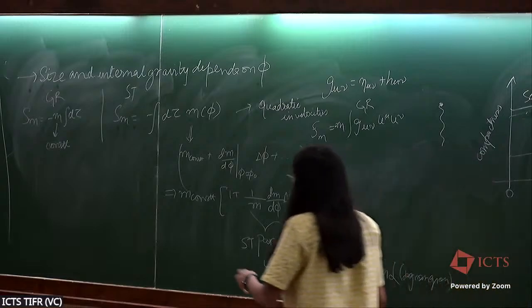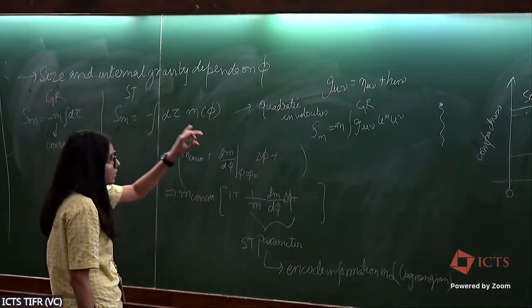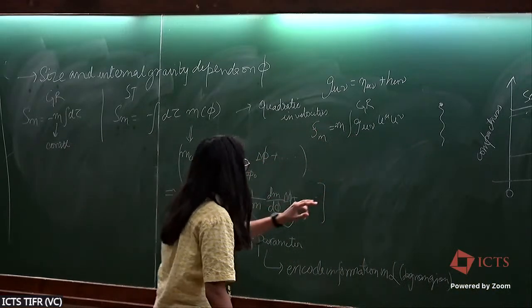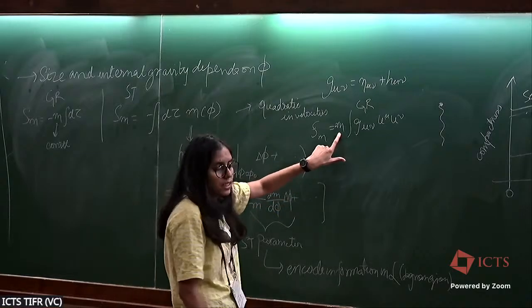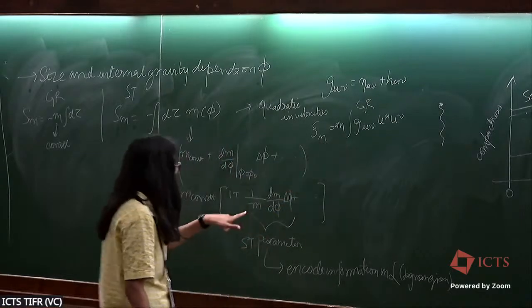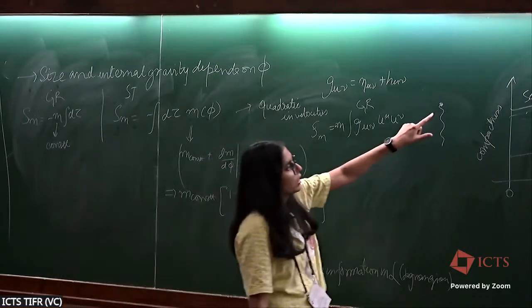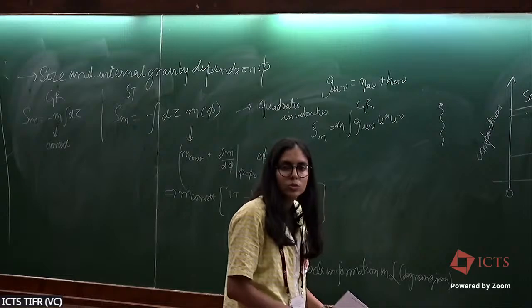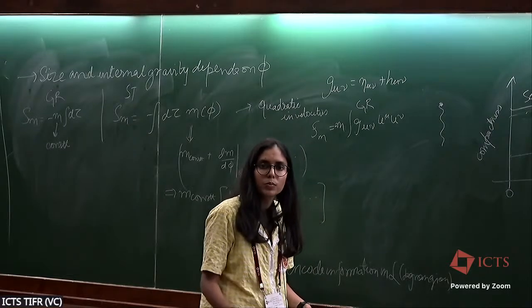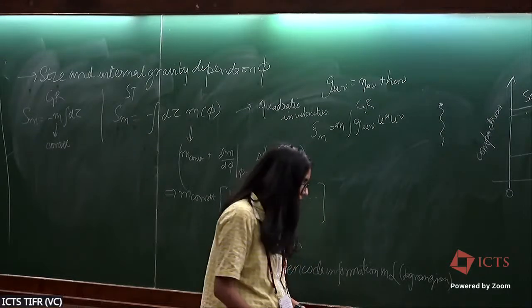However, when we consider the scalar tensor theories and we write it in this quadratic form, this m not being a constant implies that we will also have more propagators attached to the world line. So it's making the calculations a little bit more tough compared to the GR case.